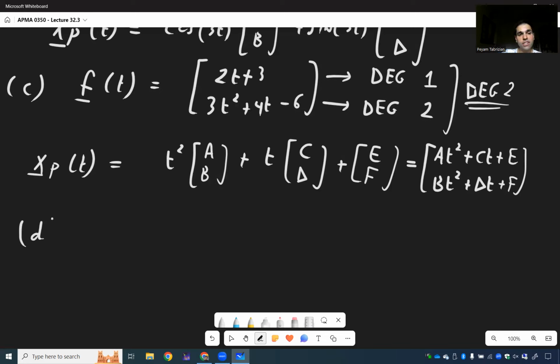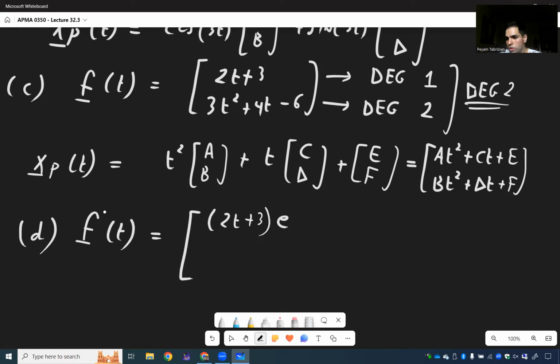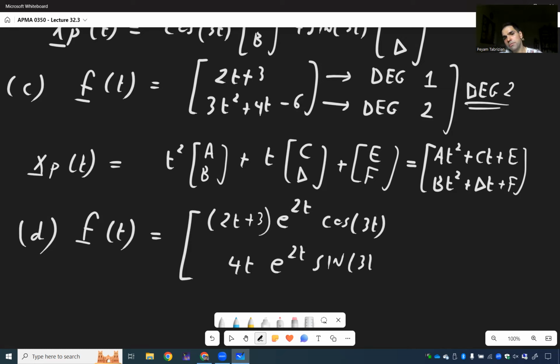Last but not least for this round, let's just combine everything. So f of t, let's do 2t plus 3 times e to the 2t cosine 3t, and then 4t e to the 2t sine of 3t.